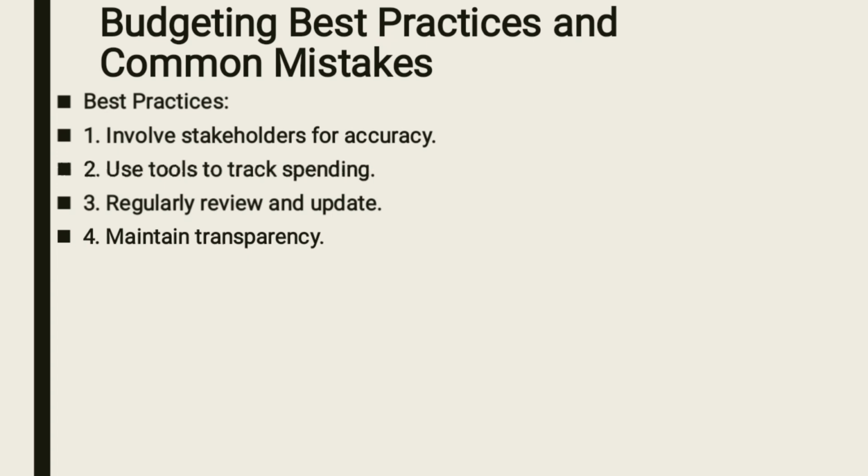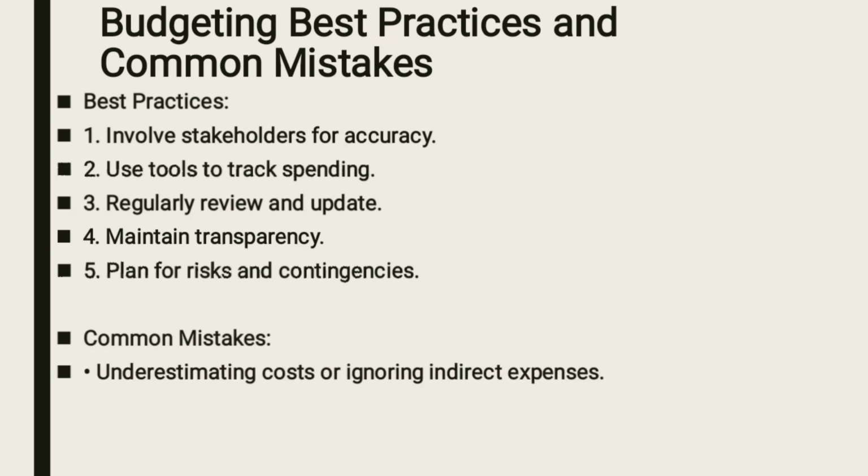Maintain transparency. That means all the team members as well as the stakeholders need to understand whatever is happening with your budget. From there, you need to plan for risks and contingency. On this one, you need to add some extra money in case you are going to face some risks. You even need to add a certain amount of contingency, that is 5 to 10% of your total budget.